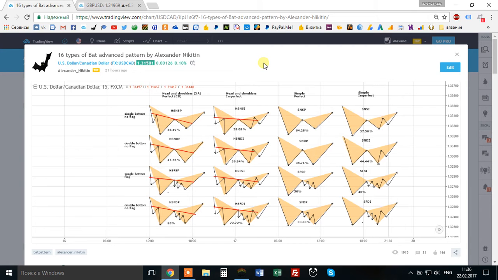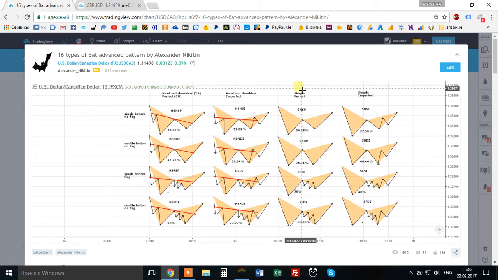So I came back to my backtesting results. I had thousands of patterns found, and I started to scrutinize winners and losers. And I came to the conclusion that some types of them are winning more often and some types of them are losing more often.